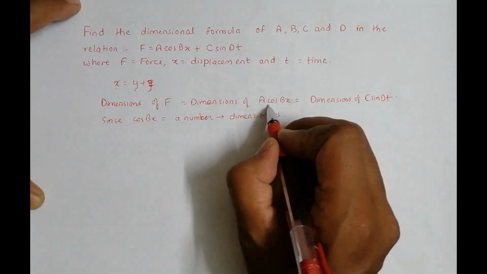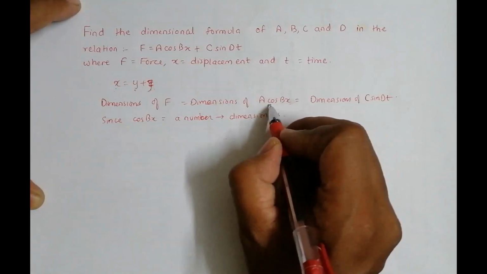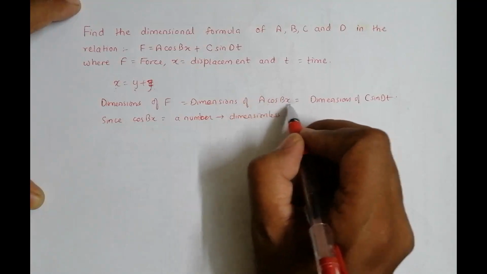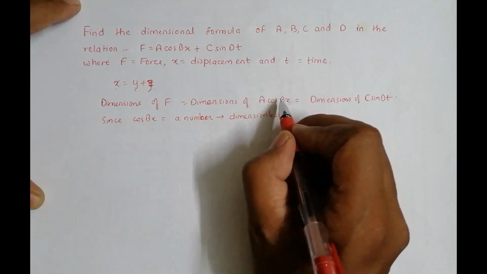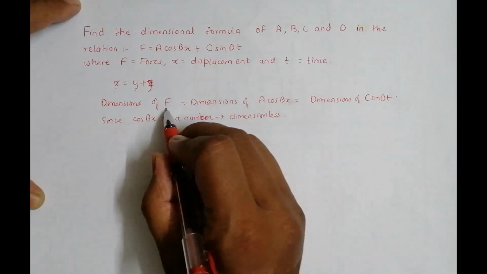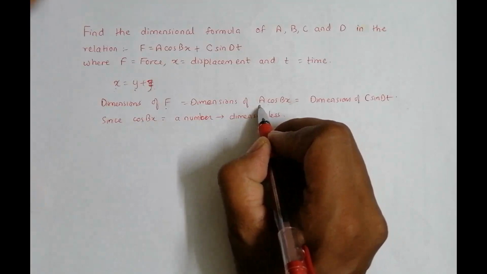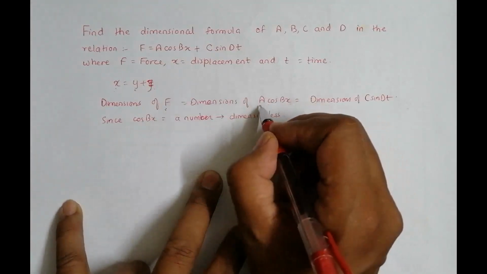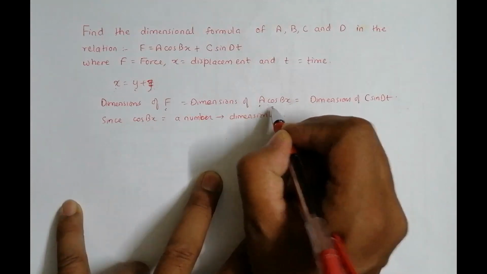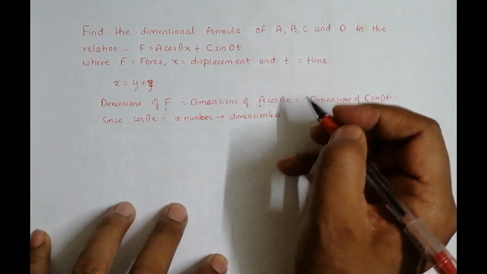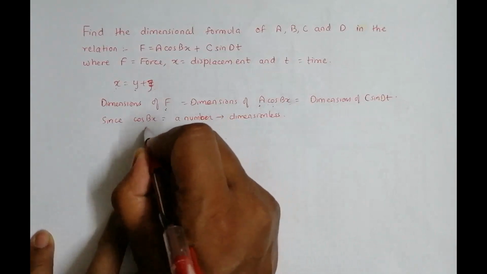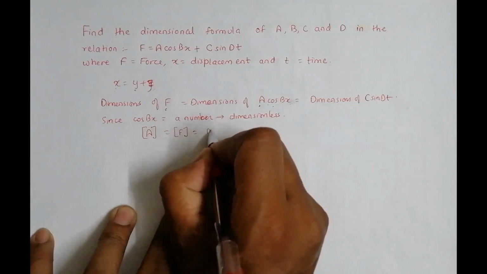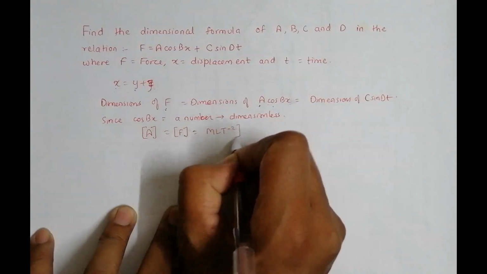So this whole thing should have the dimensions of force. That means the dimensions of force should be the same as the dimensions of A: force equals dimensions of A into no dimensions. So A should have the dimensions of force, and that's equal to MLT minus 2.